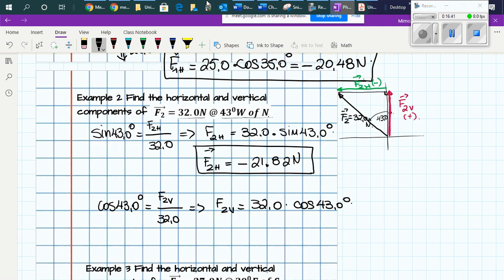Again, make sure that you are dealing with the correct mode, and then you will find that F2 vertical is positive, and we state it because we want to show that we are dealing with a vector quantity, 23.40 newtons. Do you have any question on this?